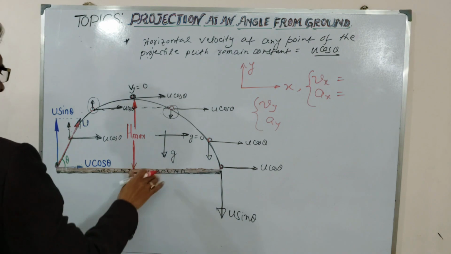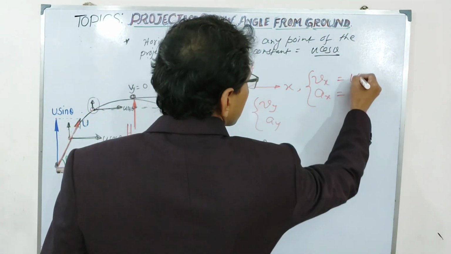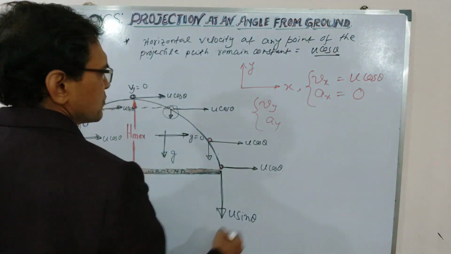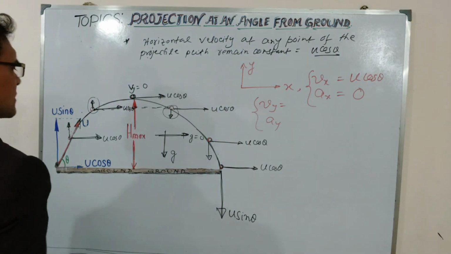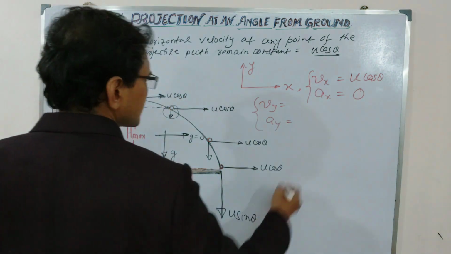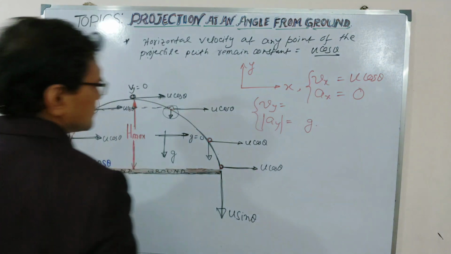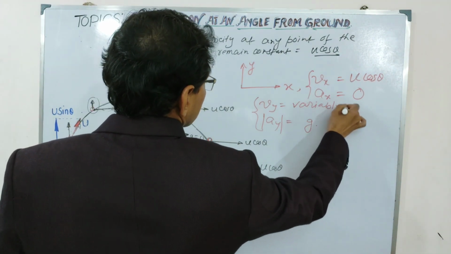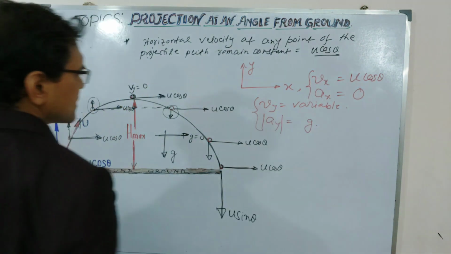Velocity along the x direction equals u cos theta, and acceleration along the x direction is 0. Velocity along the y direction gradually decreases, it is variable, and acceleration along the y direction is minus g, with magnitude g. Velocity along the y direction is different at different times.